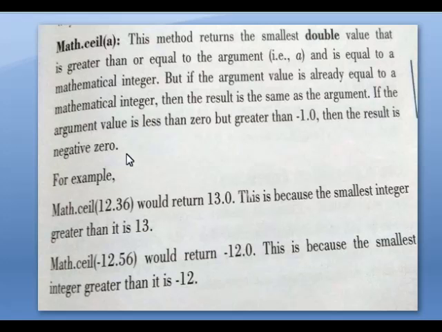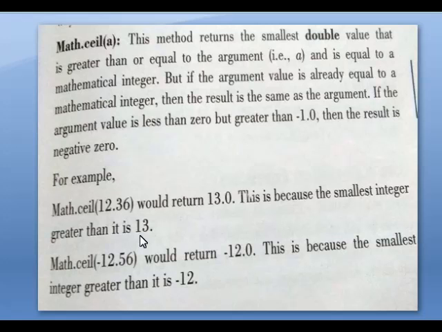For example, Math.ceil(12.36) will return the value as 13.0. So if it is a positive argument, whether the number after the point is greater than or equal to or less than 5, it will round the value one value greater. This is because the smallest integer greater than that is 13.